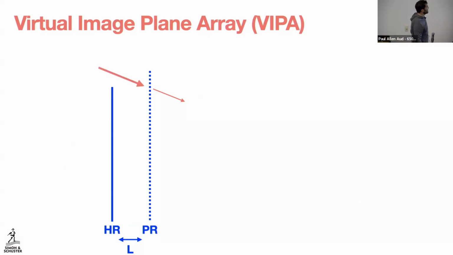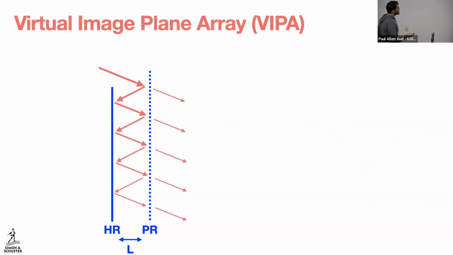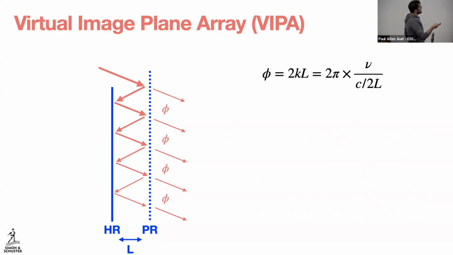Well, I send a beam in here, and it bounces around a bunch of times. Each time, a little bit of the power comes out. And now what you should imagine is that there's a relative phase between these beams set by this path length and the wavelength of the light, or equivalently set by the frequency of the light and this free spectral range like distance.